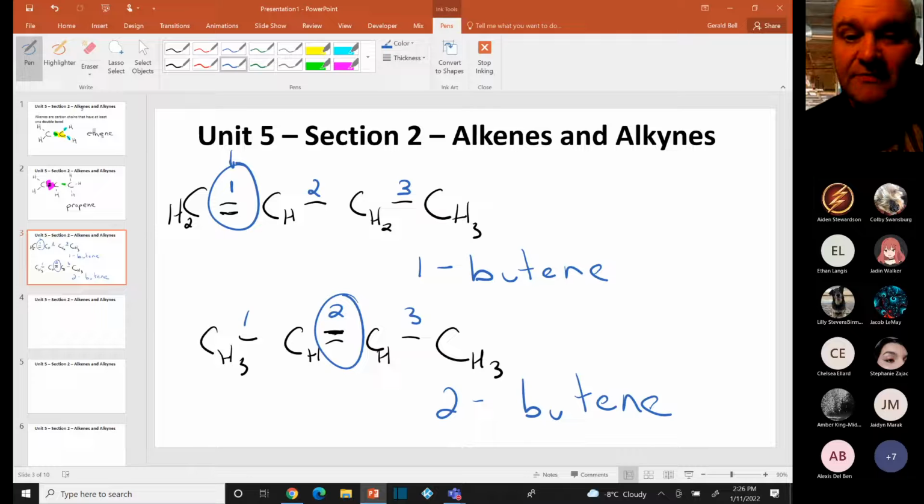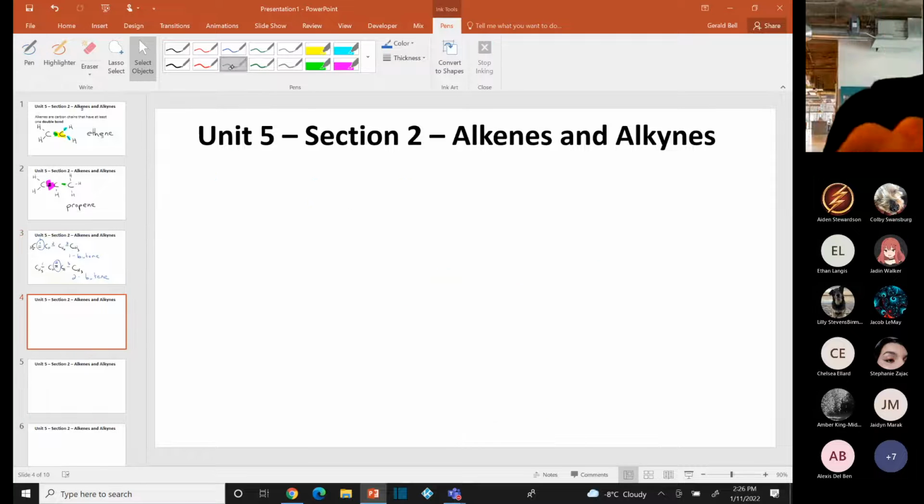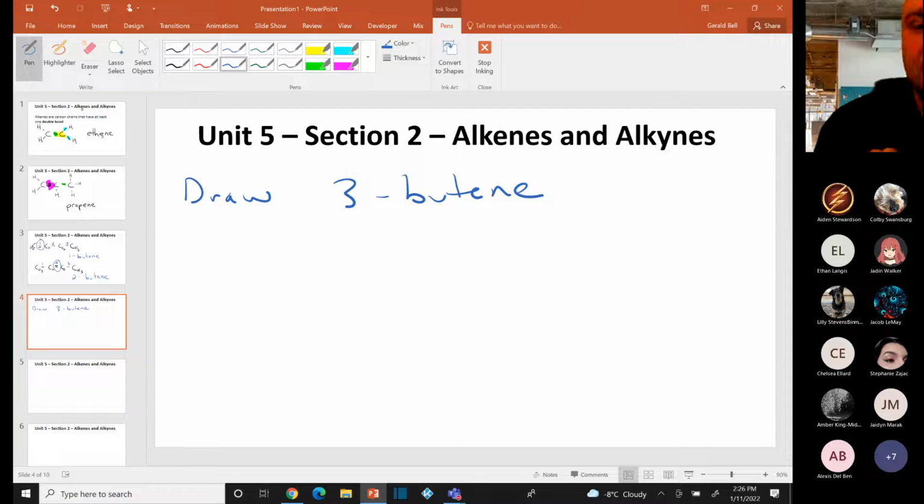Now, I guess the question becomes, could we have a 3-butene? Well, I don't know. Let's see here. So let's say I gave an example, and I said, draw 3-butene. Okay, so you'd say, okay, butene is 4 carbons.